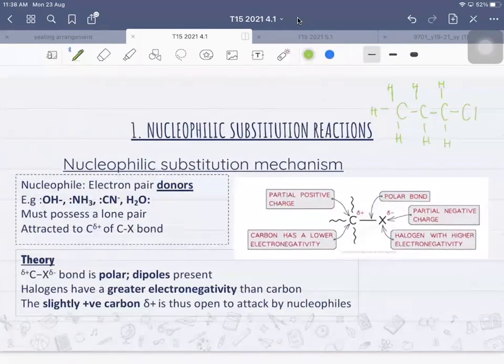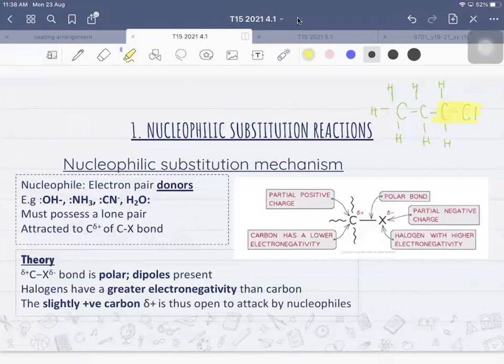Now for a chloropropane, the only reactive part is the functional group, which is the carbon-chlorine bond. Everything else, the carbon-hydrogen and the carbon-carbon bonds, will stay inert. So my focus should only be on the carbon-chlorine bond.